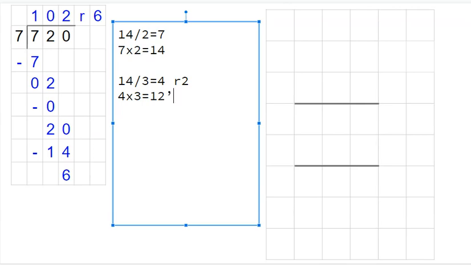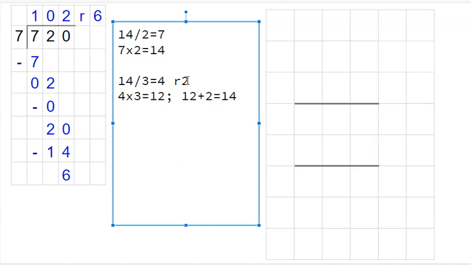Right, because I need to add my remainder. So 4 times 3 was 12, and I add my leftover pieces, plus 2, which gets me back to my original dividend, the original number I was dividing. Because 3 does not go into 14 evenly, I get 4 equal groups with 2 left over.